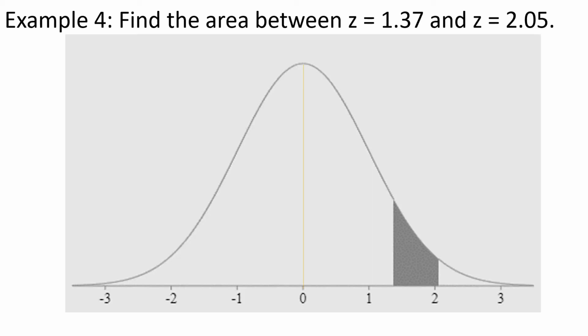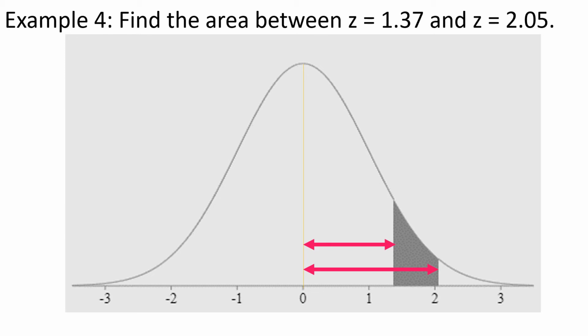So our strategy is to solve first for the area from 0 to 2.05, and then the area from 0 to 1.37. And then we'll get their difference. That will be the area of the shaded region.